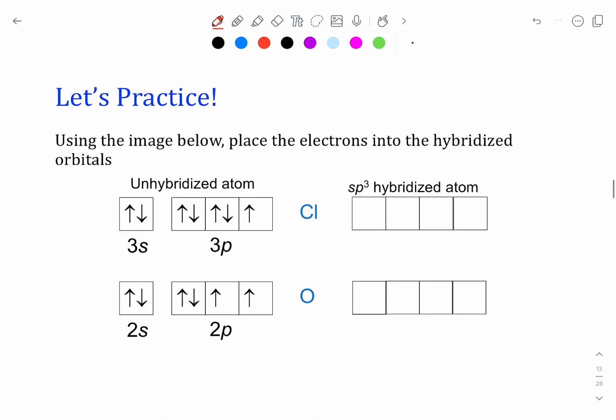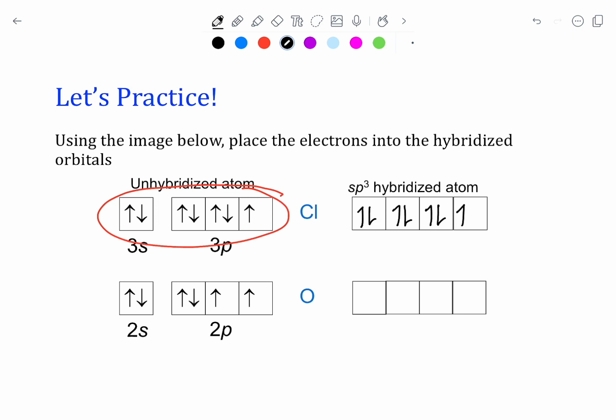Let's look at a few more examples that also follow our rules for specific atoms. Here we have chlorine. If I wanted to make chlorine into an sp3 hybridized atom, I have to take its 7 electrons and put them into the hybrid orbitals. Again, we do 1, 2, 3, 4, 5, 6, 7.